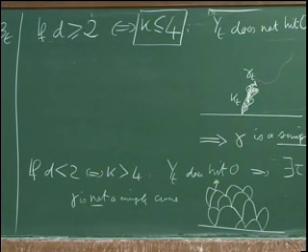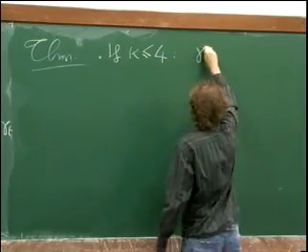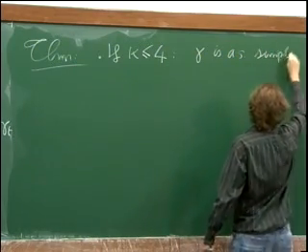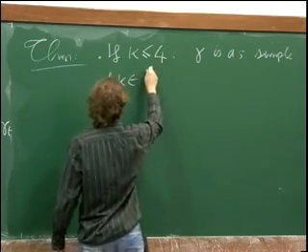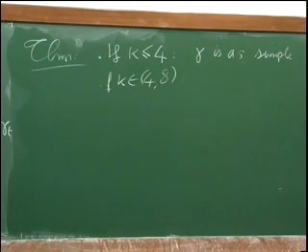theorem. So if kappa is at most equal to 4, then gamma is almost surely a simple curve. If kappa is strictly between 4 and 8, then gamma is not a simple curve.